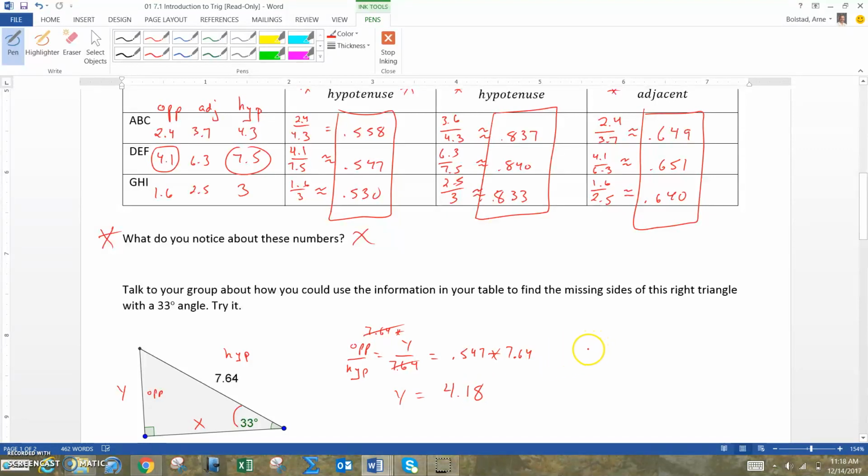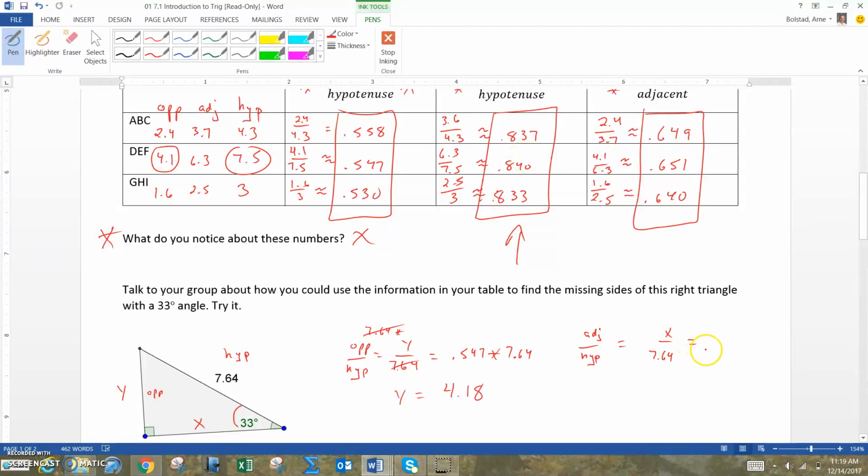If we continue on to finding the x value, again, the x is the adjacent side. Again, adjacent over hypotenuse. That would give us the x over 7.64. Sorry, having a tough time writing on a small screen. That should equal, again, that second column, that's the adjacent over hypotenuse.